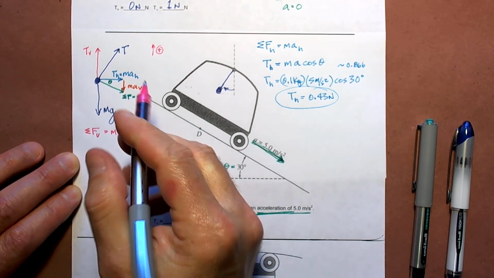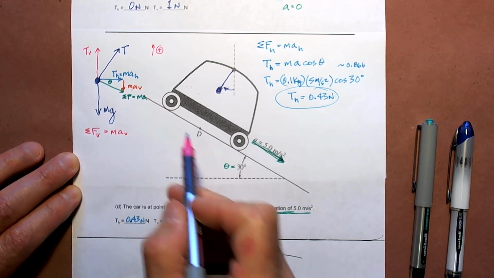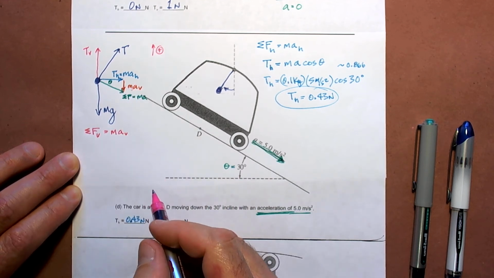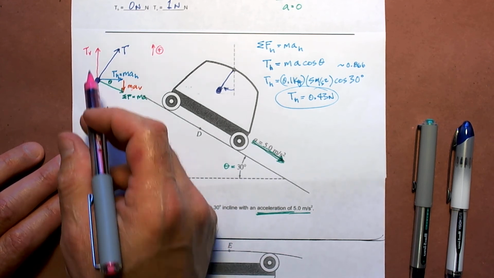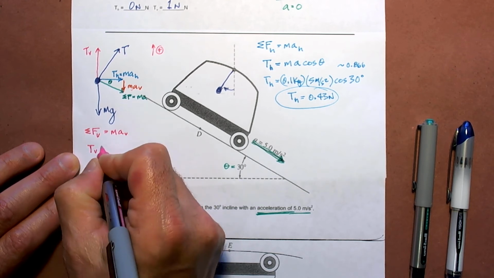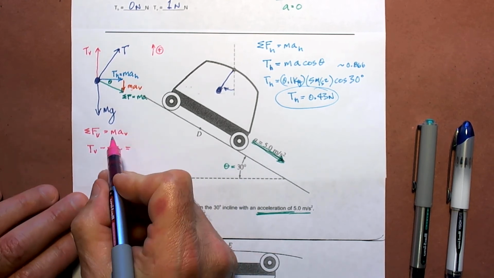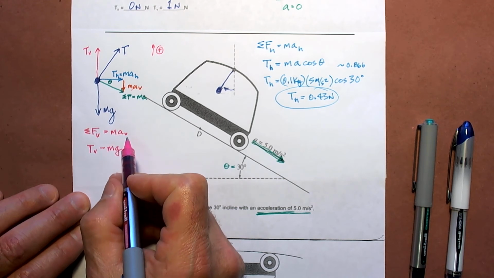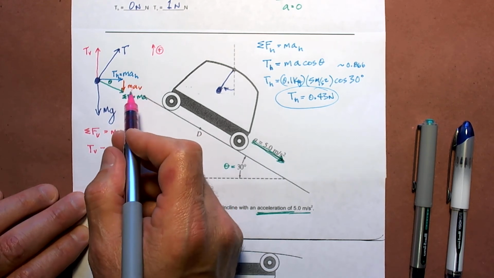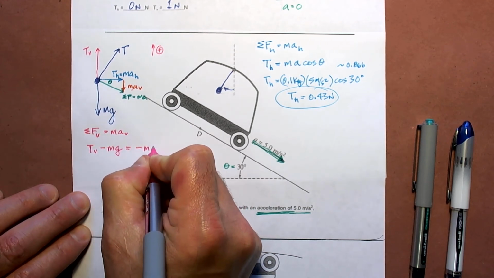And we know that that mass times acceleration in the vertical direction is the part that is downward and getting it down in the vertical direction. Well, what are the forces in the vertical? We've got TV up, we've got mg down, and that's all going to equal MAV, but MAV is in the negative direction, so we're going to say this is equal to negative MAV.